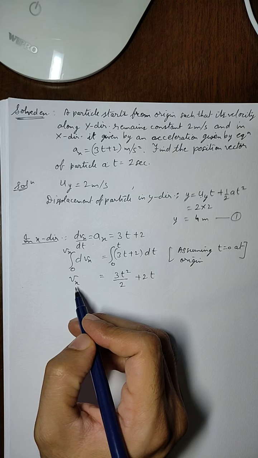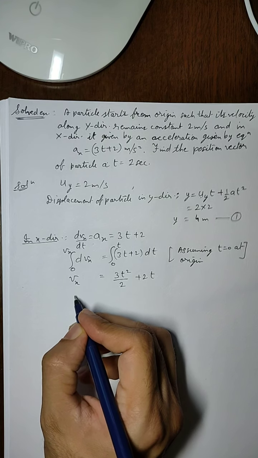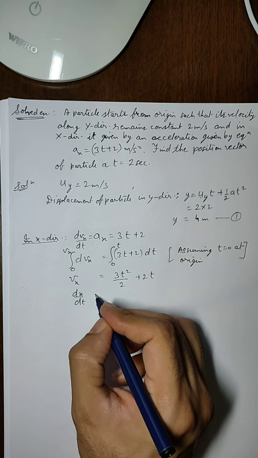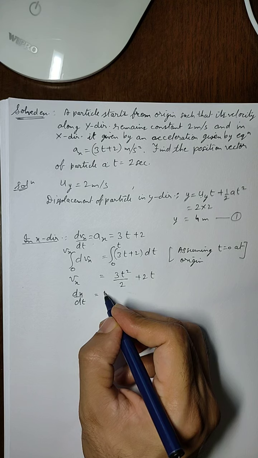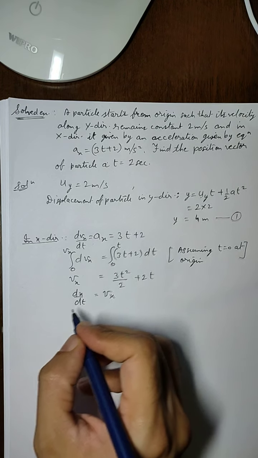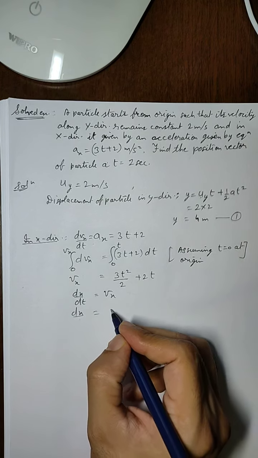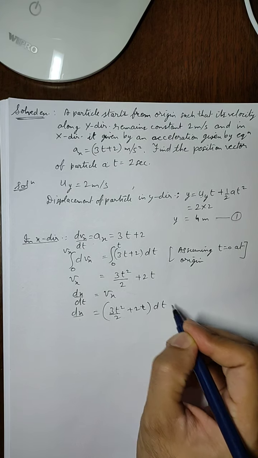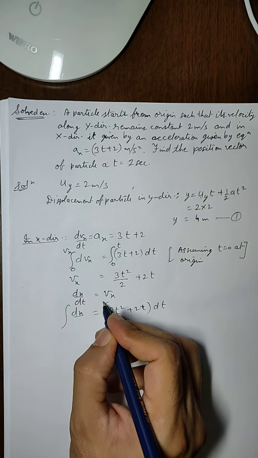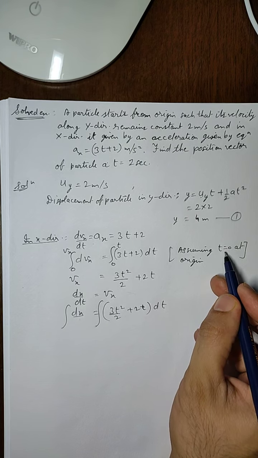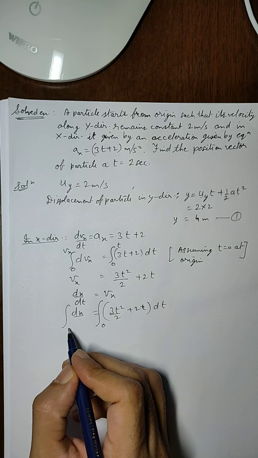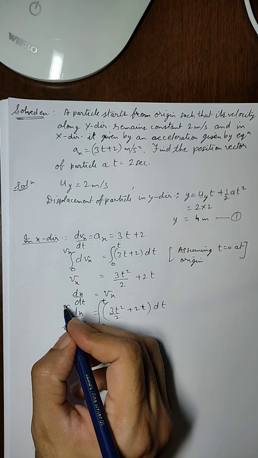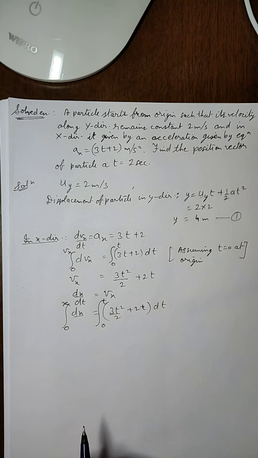Now this vx can be written as dx by dt. So you can write it as dx by dt equals vx, or dx equals (3t square by 2 plus 2t) dt. Now again we will integrate, same assumption that at t equals 0, the particle is at origin, so its position is equal to 0, and at t equals t, the particle has some position along x-axis which is given by x.